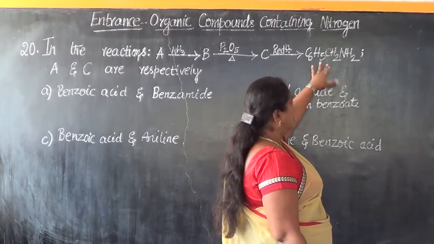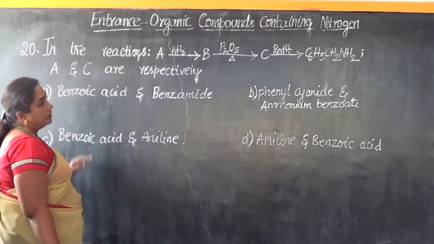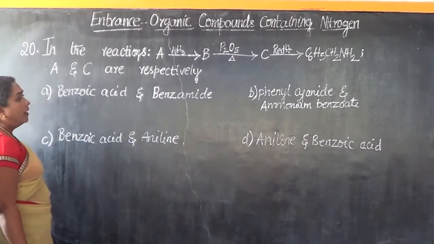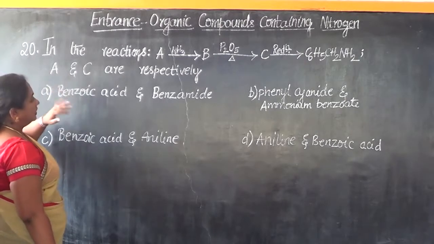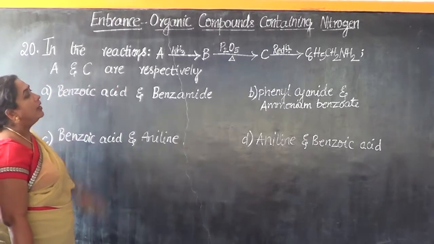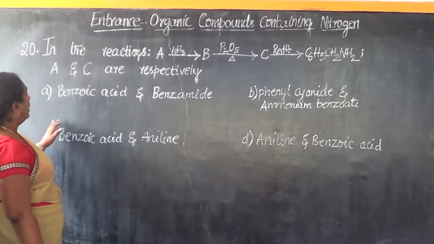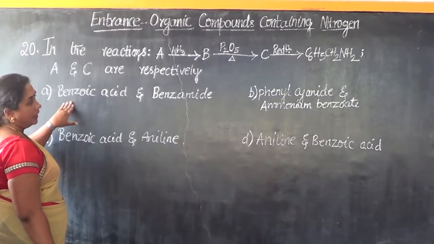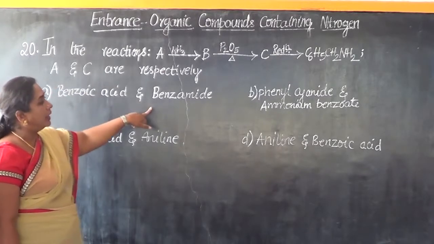So therefore let us see what will be the reactants for that to arrive at that particular amine, the primary amine, as our product. So now A and C. Let us first complete the equation as per the given conditions. And the options are: option A, benzoic acid and benzamide, A is benzoic acid, C is benzamide.